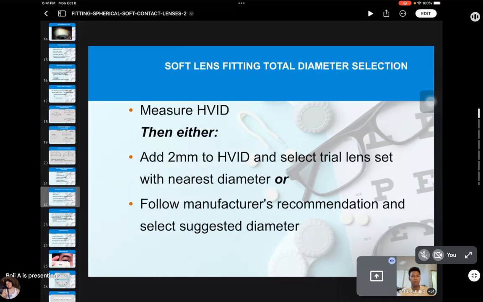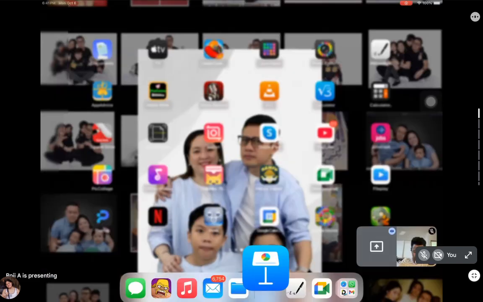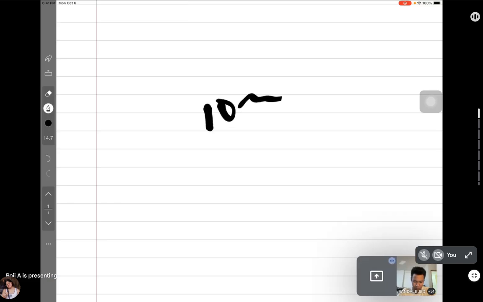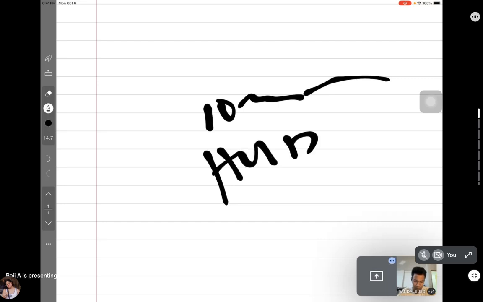Okay, as I've said, this is how you get your total diameter, or total lens diameter: TLD, OAD, LD. It is by adding 2 millimeters to your HVID. Given I have 10 millimeters HVID, for example, all I do is add 2, and this becomes 12.